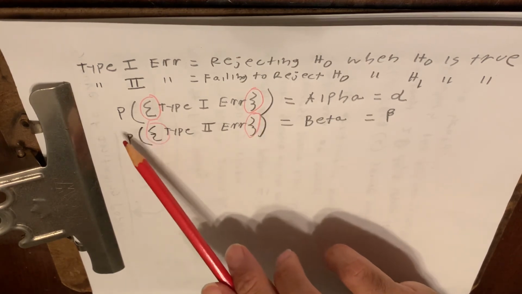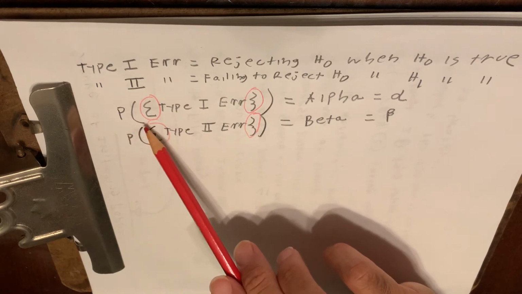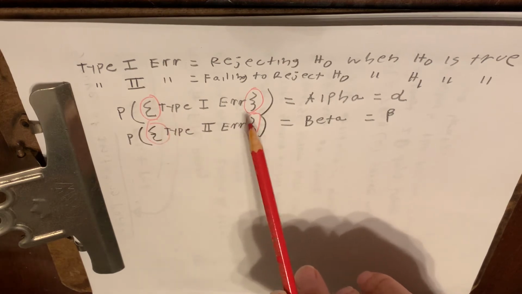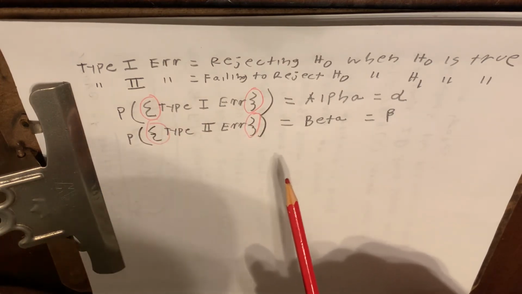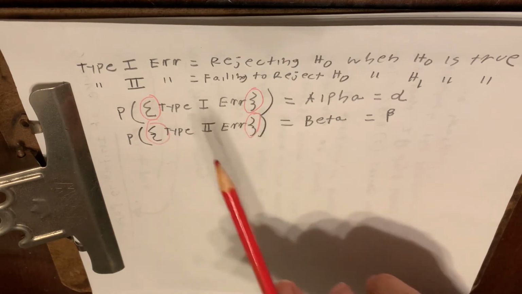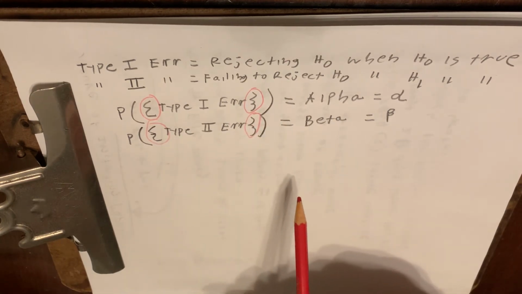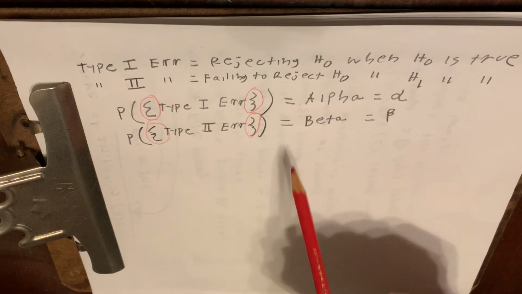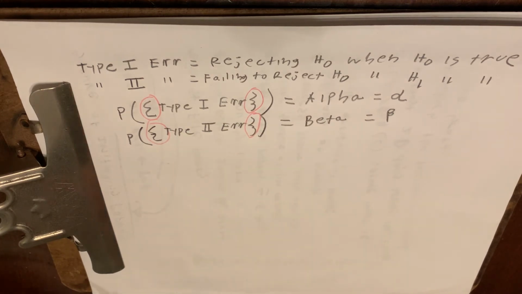So we can read this as the probability of committing a type 1 error, or the probability of the event of a type 1 error manifesting in reality. Statistics, like any other academic discipline, has its own jargon and its own notation and its own symbolism. And some people are a little bit intimidated by that. But as long as you go through it slowly and you memorize these things, it's really not the worst thing in the world.